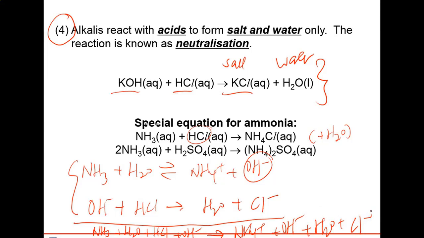So when I cancel the water on this side and this side, and I cancel the OH- on this side and this side, what I have left is simply NH3 + HCl, giving me NH4+ Cl- over here. So NH3 + HCl giving us NH4Cl. So the water and the OH- cancel out on both sides of the equation.